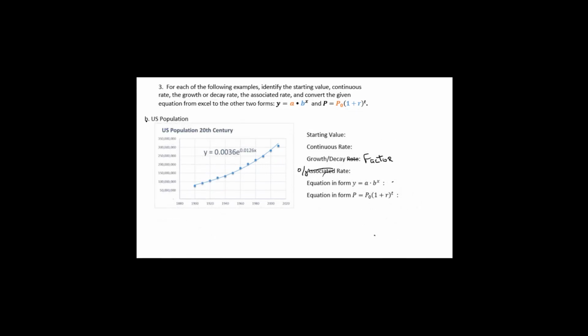Okay, so B is U.S. population. And notice you want to change on your paper too. We're looking for the growth decay factor. Basically, that's the number that you multiply by 1 plus or minus r. Whatever that number is, that's the factor, right? So the starting value, of course, is right here, 0.0036.